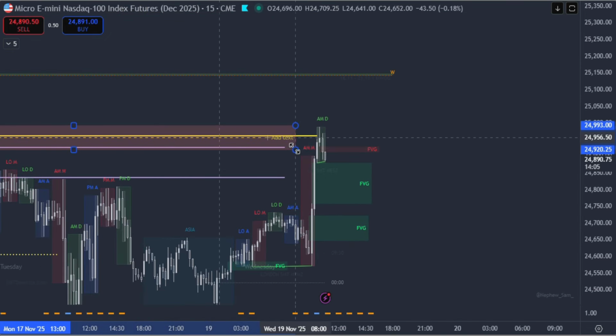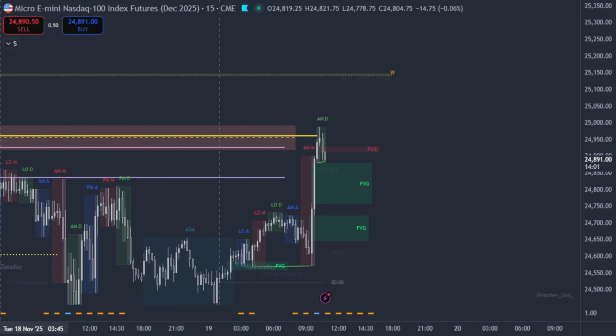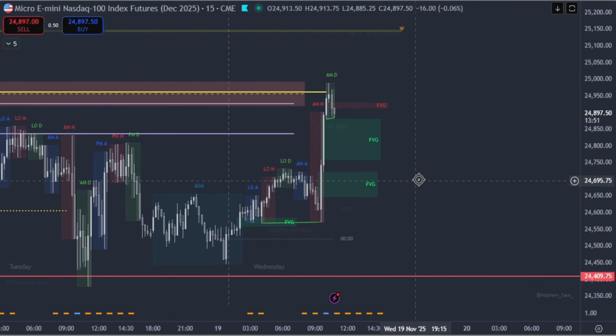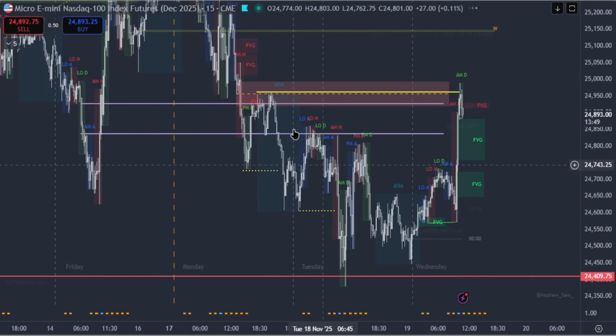All right. So do we currently have SMTs? Yes, we have SMTs. These highs were purged by NQ. All of these highs, which is yesterday's Asia highs, which is a time cycle.